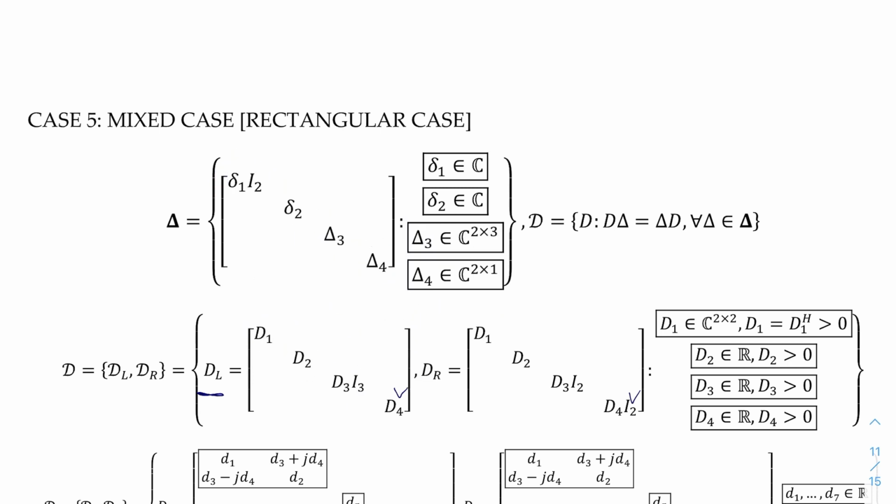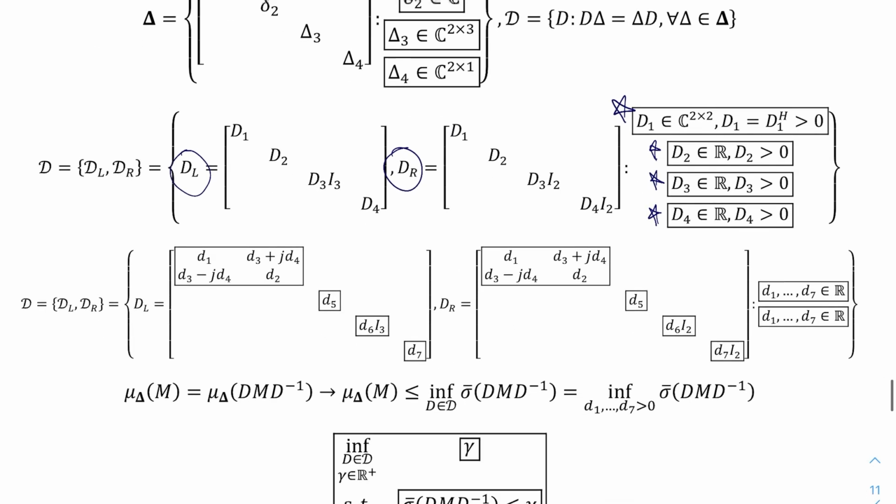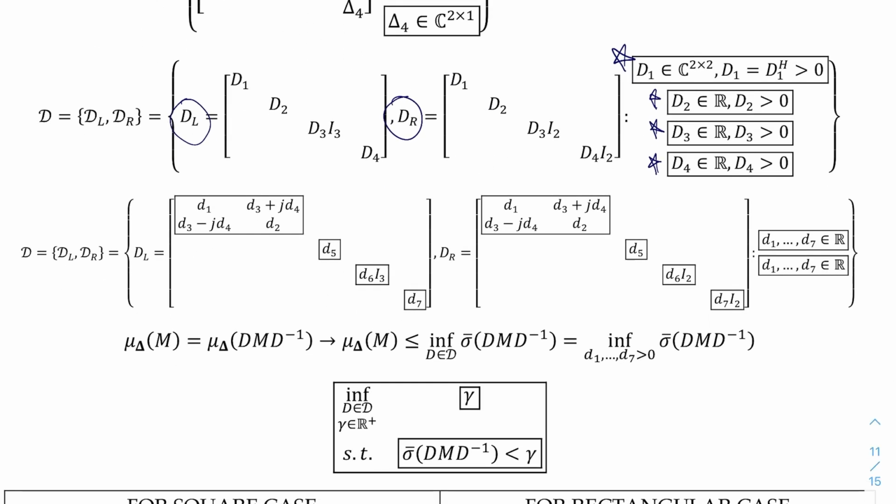Since we covered it in the previous video, I'm not going to talk at great length. Here D1 is positive and Hermitian, and D2, 3, and 4 are positive real numbers. This is DL, D left, and this is DR, left and right.